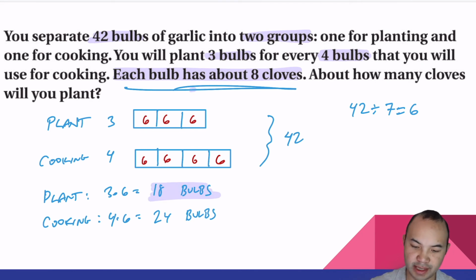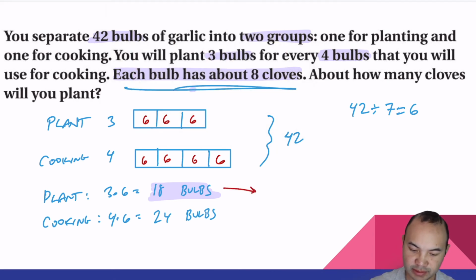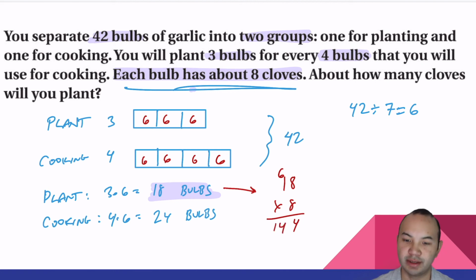Each bulb has about 8 cloves. All right, so we're taking this even further now. So 18 bulbs, 8 cloves. So 18 times 8 cloves, you have 144. And let's see, cloves. So you will plant about 144 cloves.